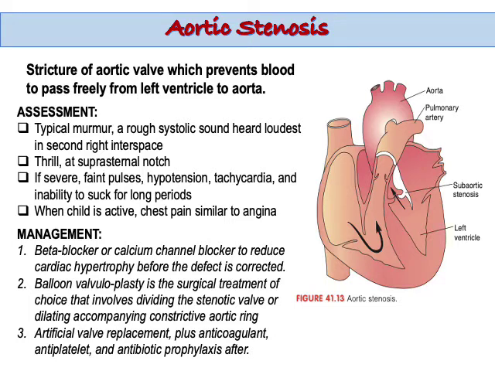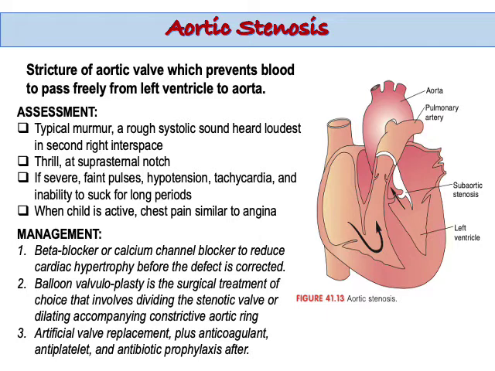This is because the affected valve carries oxygenated blood being delivered to our body cells. Management: beta blockers or calcium channel blockers can be given to reduce cardiac hypertrophy. Balloon valvuloplasty involves the repair of the affected valve.